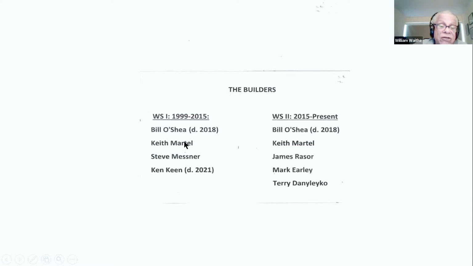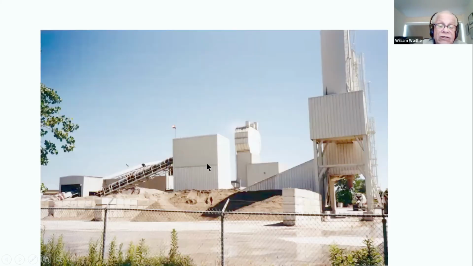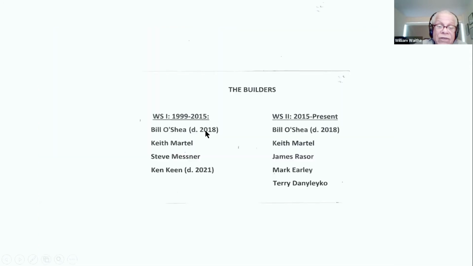And Keith Martell, who was a fellow member of CARM, Canadian Association of Railway Modelers, Steve Messner, and Reverend Keane. We would meet every Wednesday, as we still do, and work on the layout and operate.